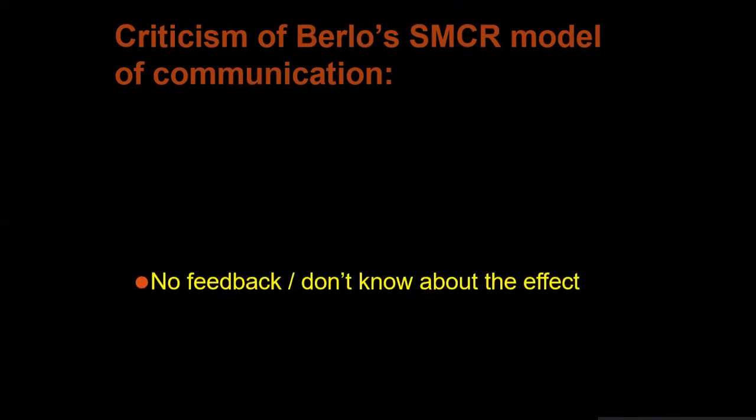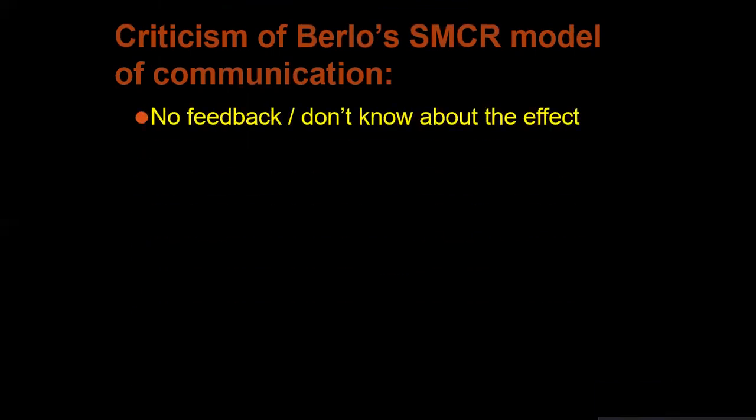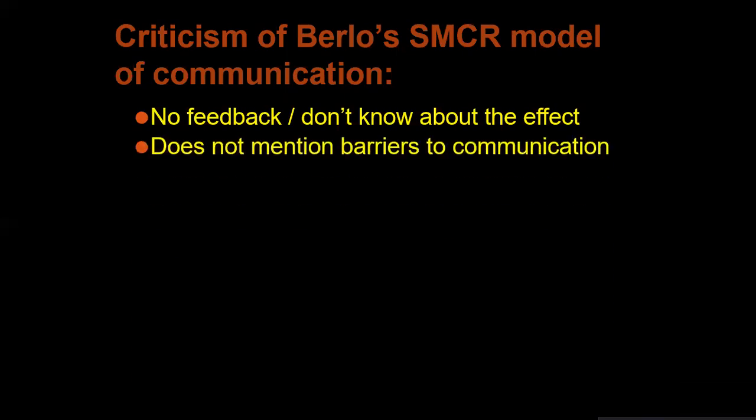Now it is time to understand very clearly the respective criticism of Berlo's SMCR model of communication. The criticisms are as follows. Number one, no feedback, don't know about the effect. Number two, does not maintain barrier to communication.